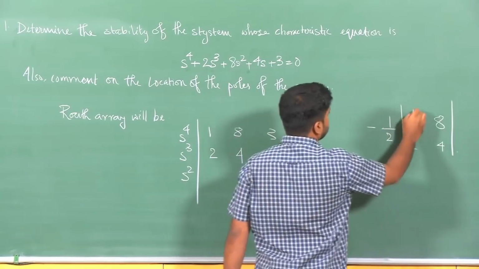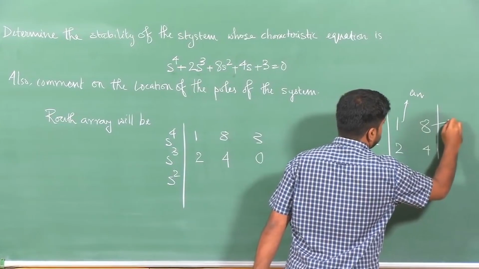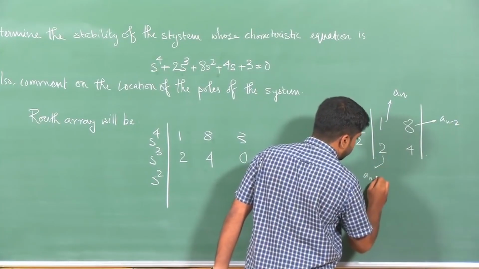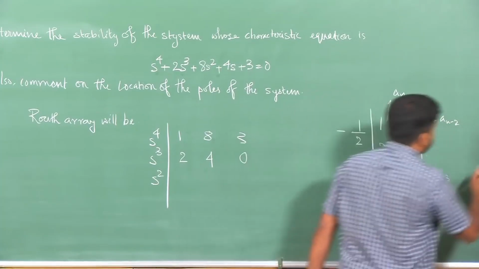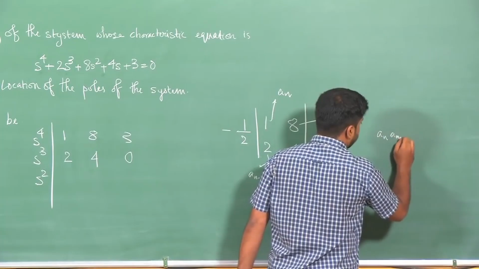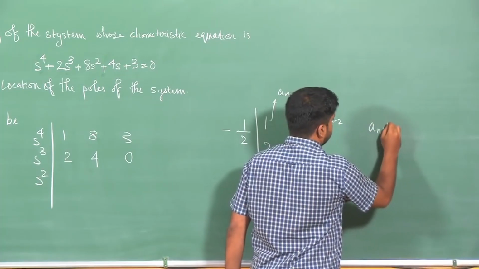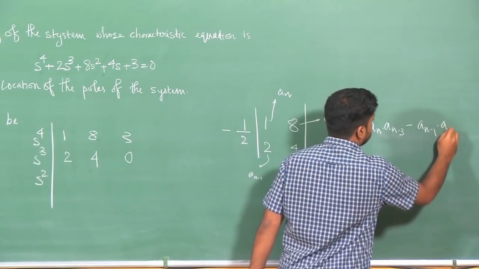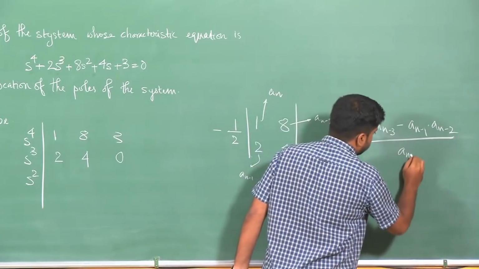So, what we are doing basically, this is a n, this is a n minus 2, this is a n minus 1, this is a n minus 3. So, what we are doing is a n into a n minus 3 minus a n minus 1 into a n minus 2 divided by a n minus 1.